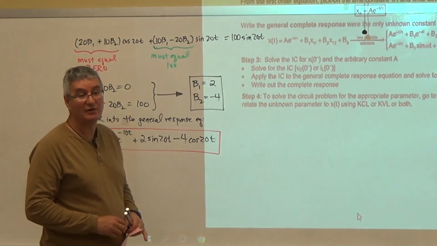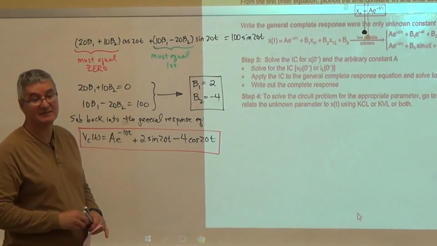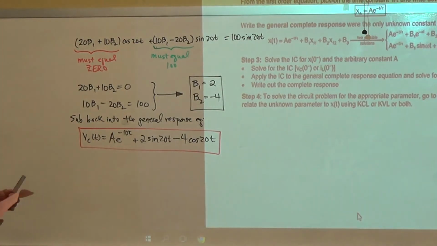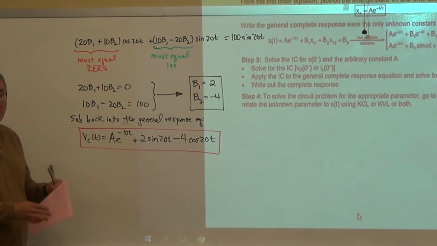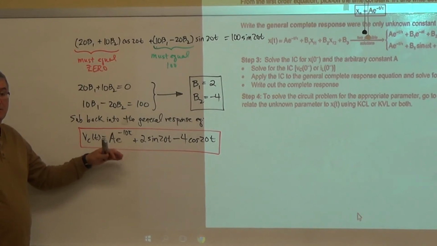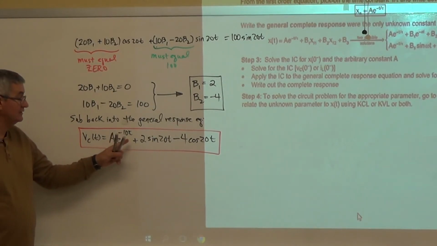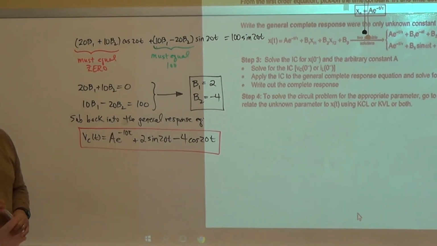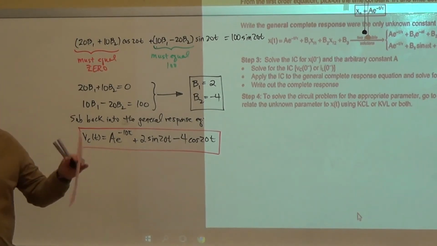Now note, it's just not going to be that easy. You're probably going to have to do a chapter 7 circuit just to get this initial condition. We're doing this here to get you to see the overall process.